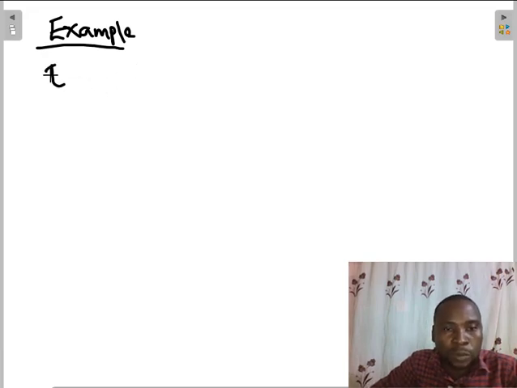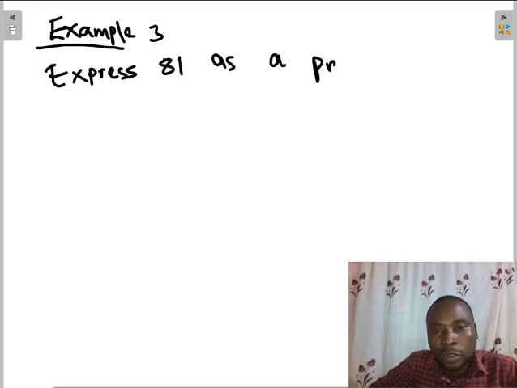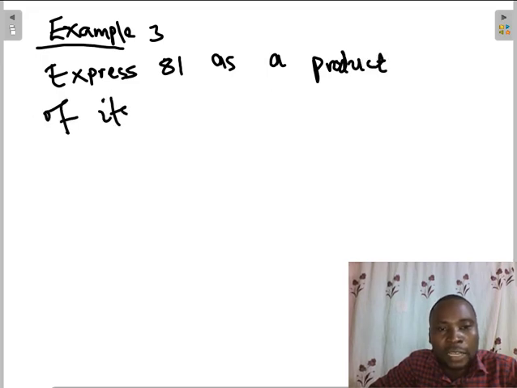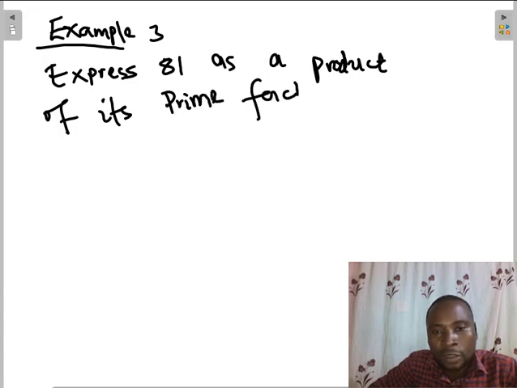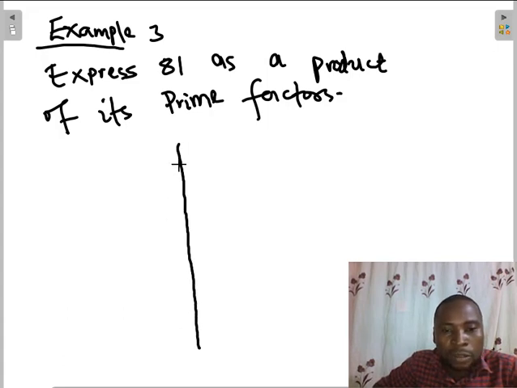We want to express 81 as a product of its prime factors. Again, remember this. We will do this. Very important.